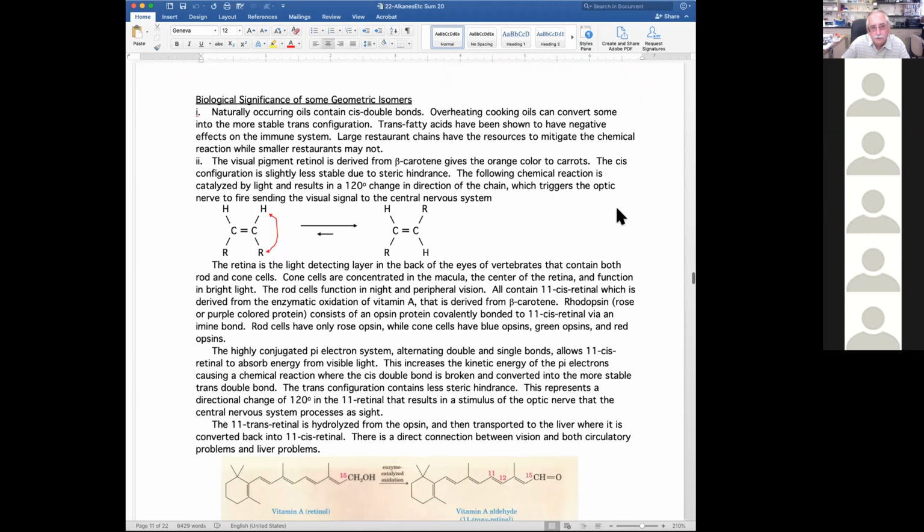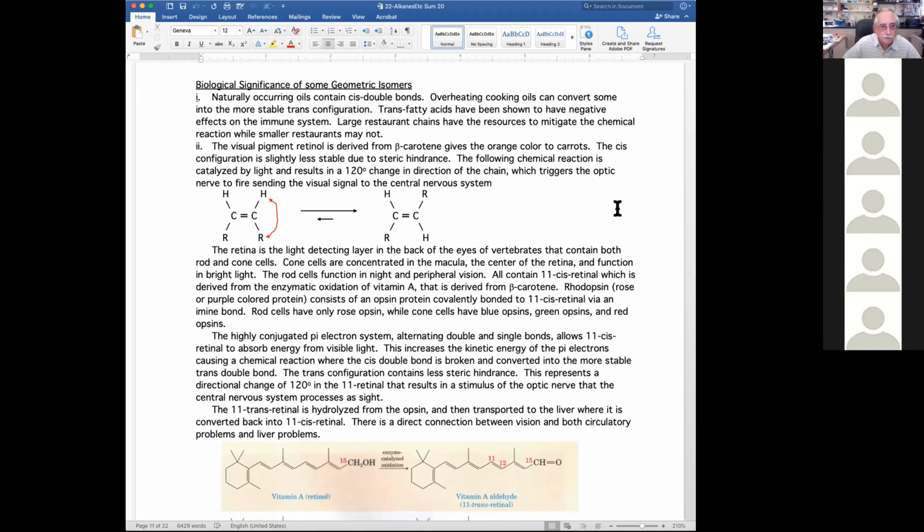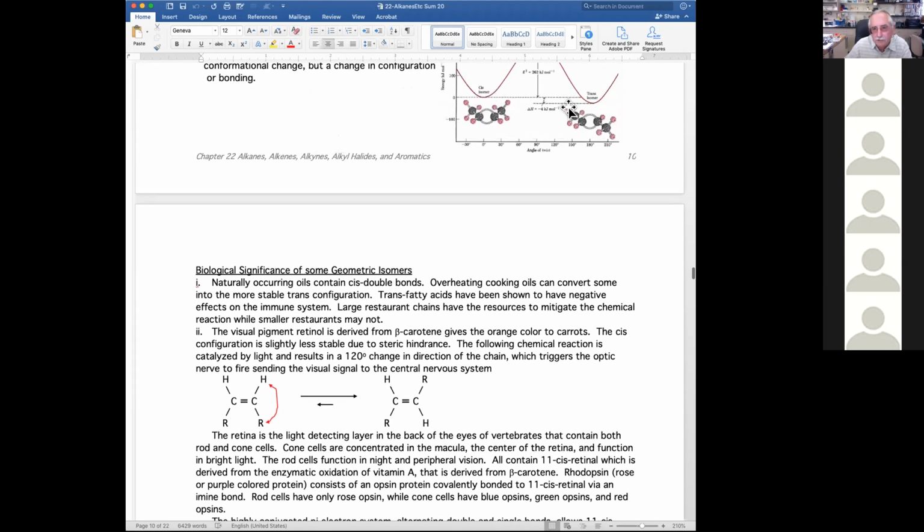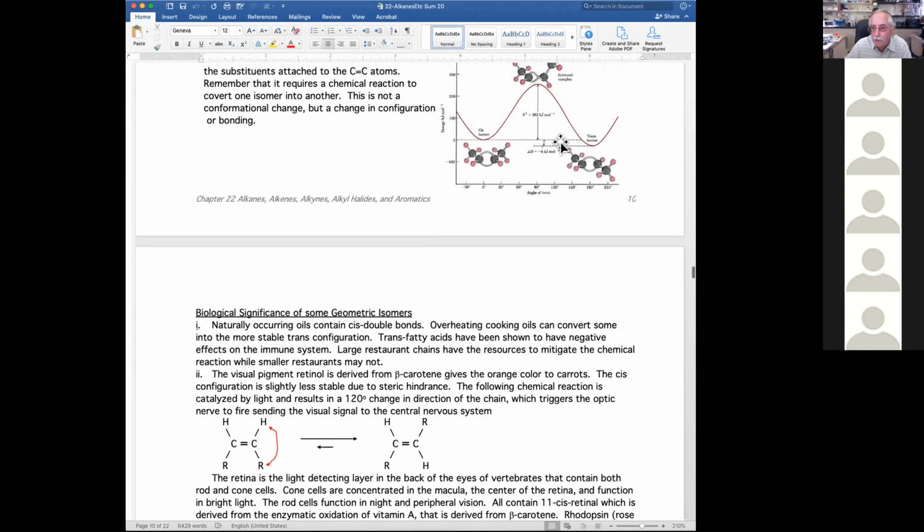Here's some biological significance in geometric isomers. The naturally occurring oils contain cis double bonds. Overheating cooking oils can convert some into the more stable trans configuration. Why is that? Because there's less steric hindrance, right?